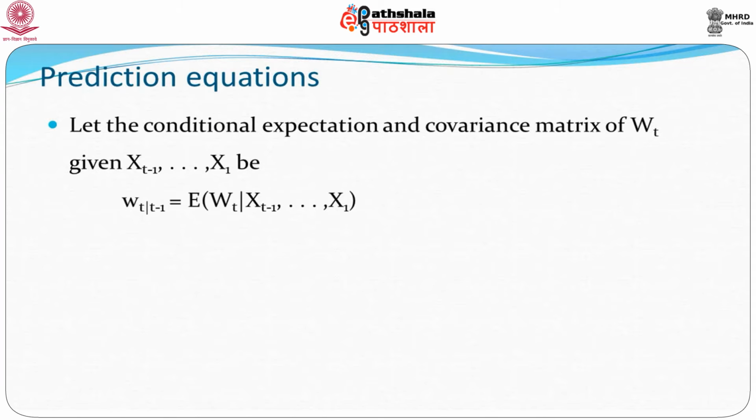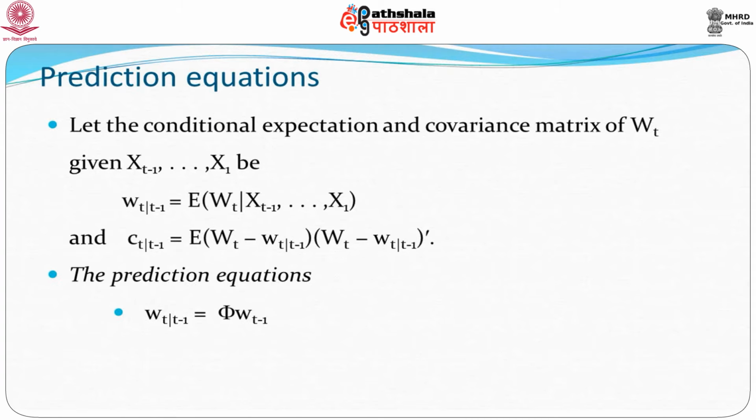Next, let the conditional expectation and covariance matrix of W_t, that is the latent variable, given the past values of the observed series x_{t-1} to x_1, be W_{t|t-1}.